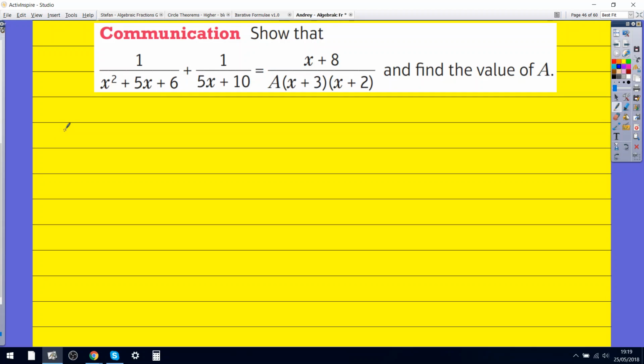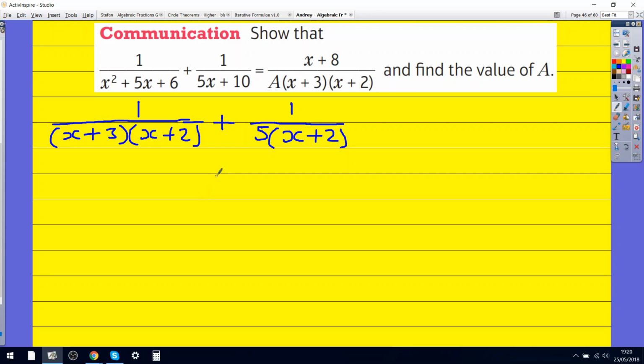Okay. To expand, I need to expand the brackets, and so the denominator would be x plus 3 and x plus 2. And for the fraction on the right, it would be 5 and x plus 2.